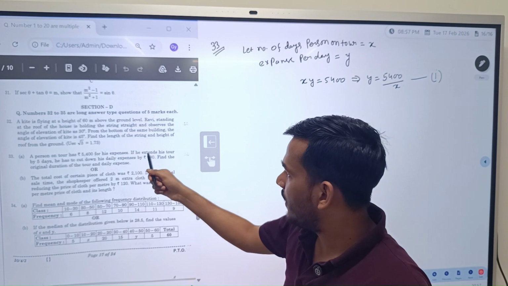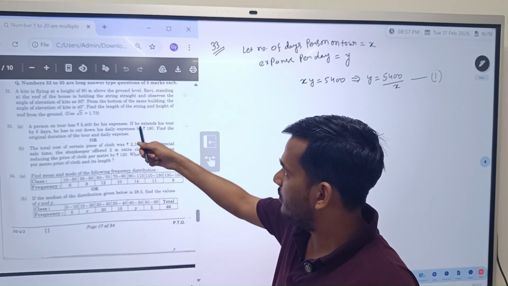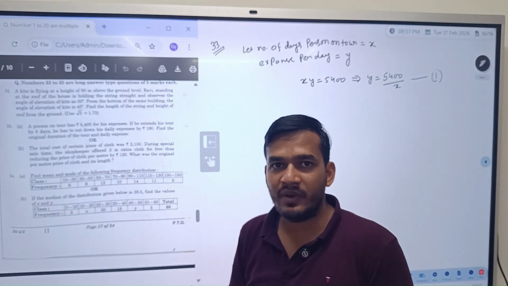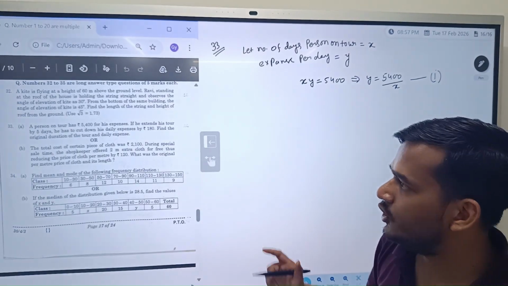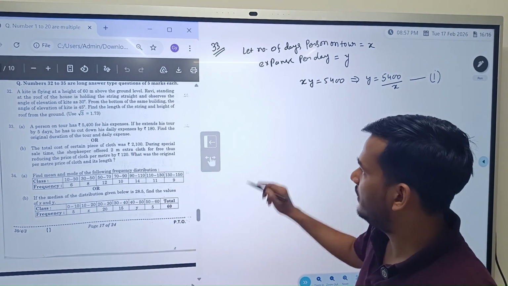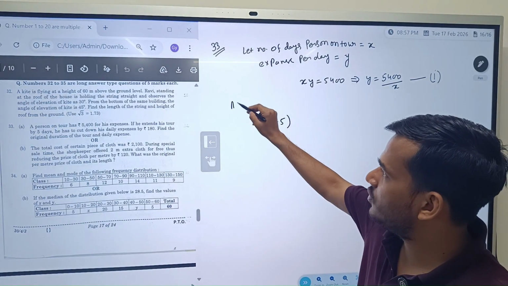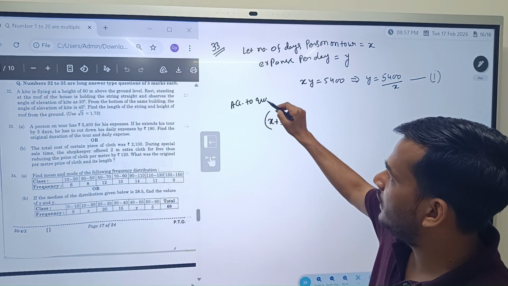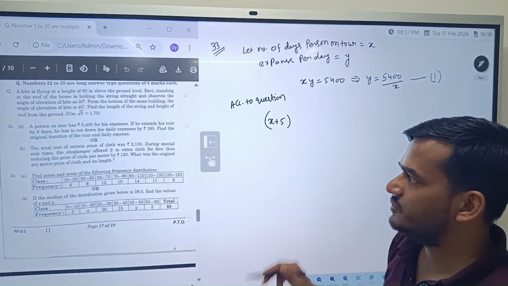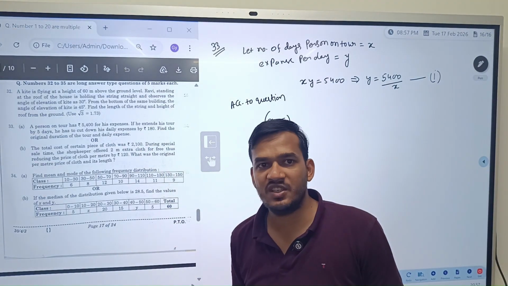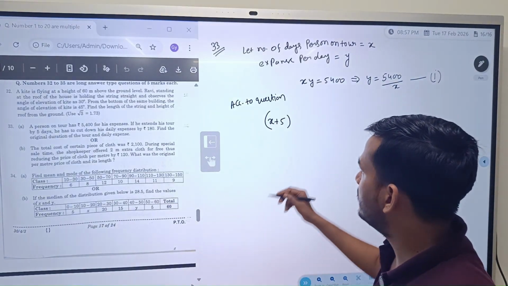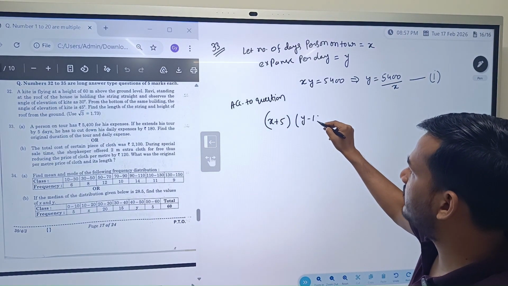Now according to the given information, if we extend his tour by 5 days, that means x increases by 5, the daily expense decreases by 180. So y becomes y minus 180.